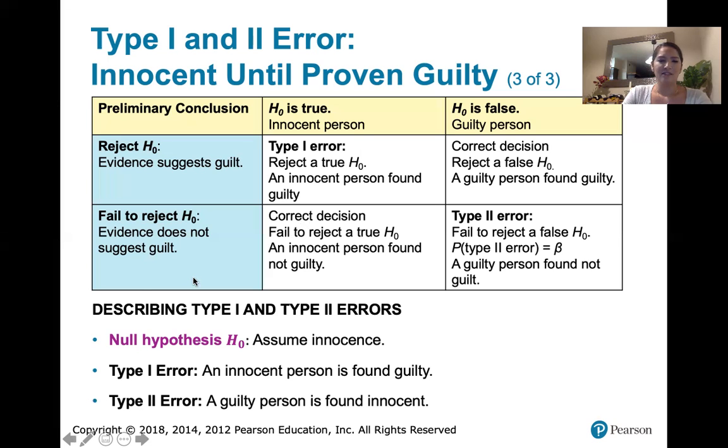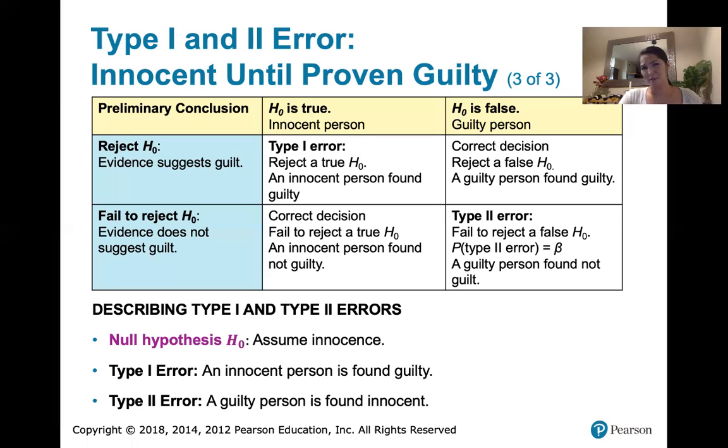If evidence suggests that they're not guilty, we're failing to reject the idea of innocence because evidence is not enough to prove guilt. And when I say prove guilt, I just mean provide sufficient evidence of guilt. But in either case, whether evidence suggests guilt or evidence is not sufficient to warrant us to label that person guilty.